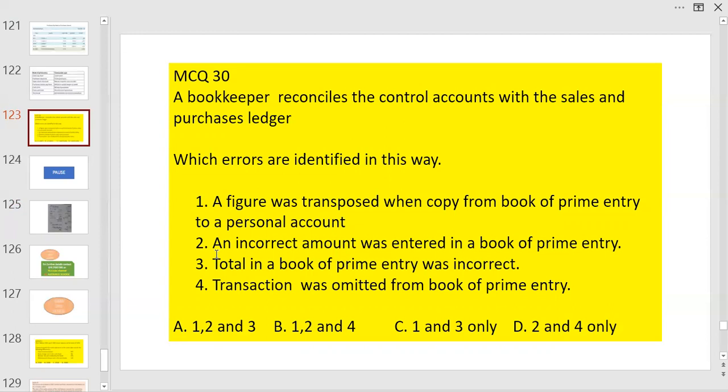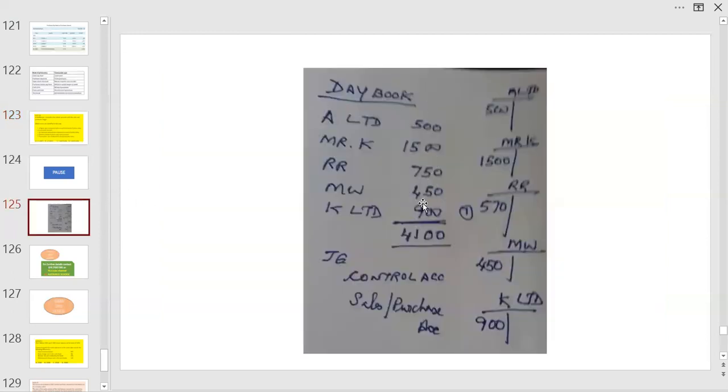Now let us take up the second one. An incorrect amount was entered in the prime entry book. Now let us say this is the prime entry book. Say for an example, this is 450, but really this is 650. By mistake, the person who wrote the day book wrote it as 450, instead of 650.